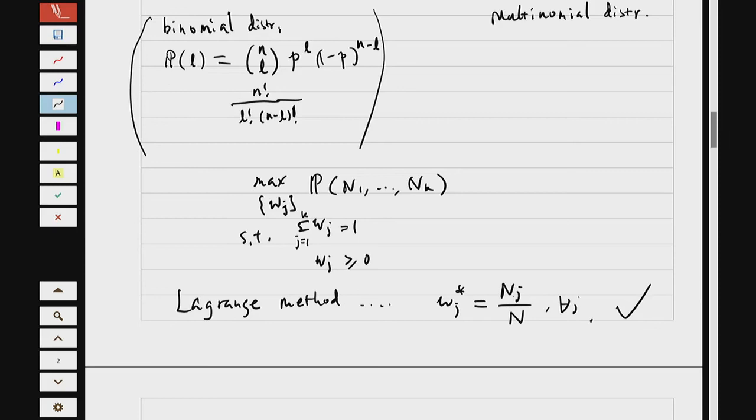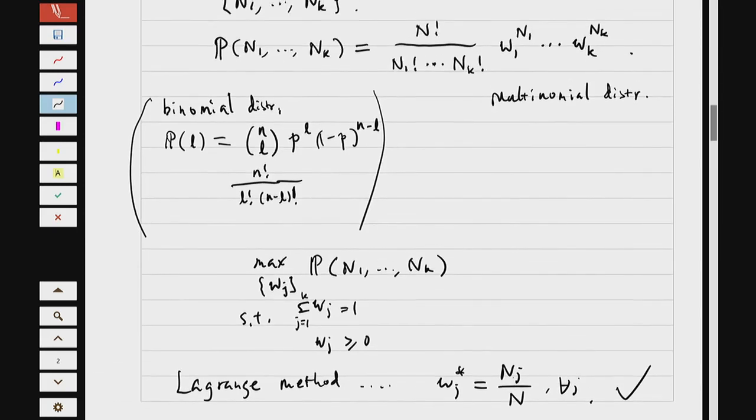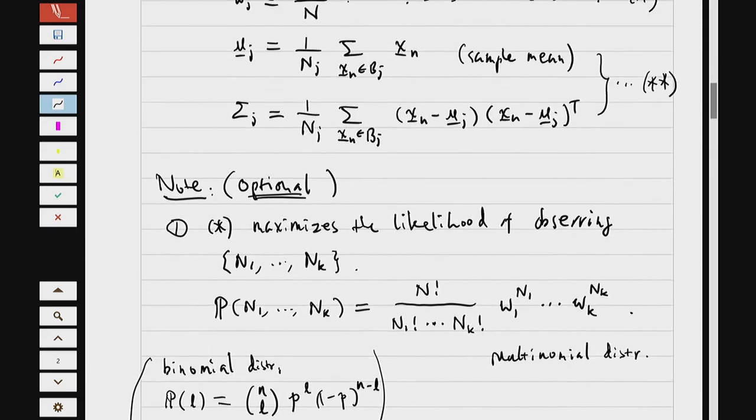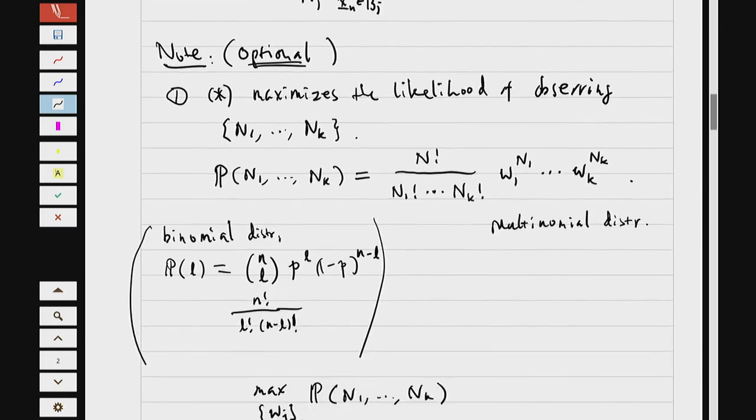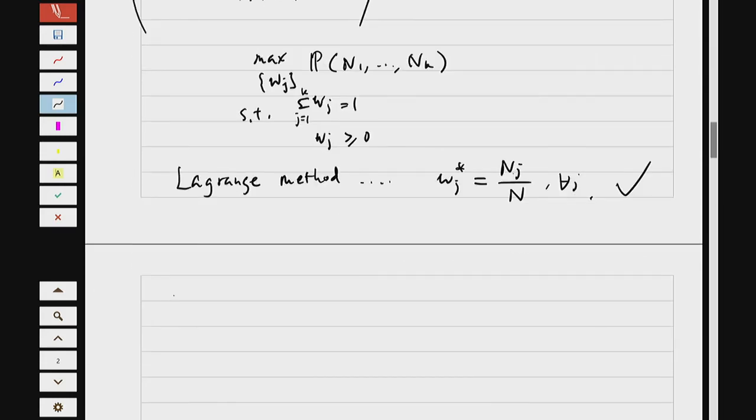And then we also ask, well, how about the other parts? The part when we estimate the means and the covariances. Exactly what we are doing when we use these formulas to estimate mu j turns out that these double star two equations minimize the E_in of omega that we want to minimize.